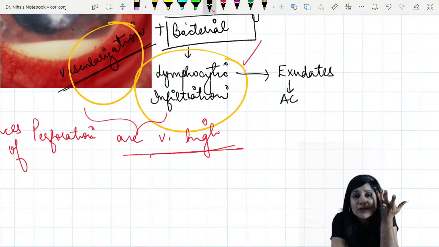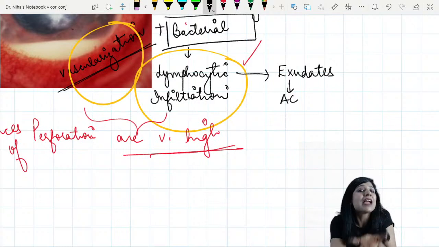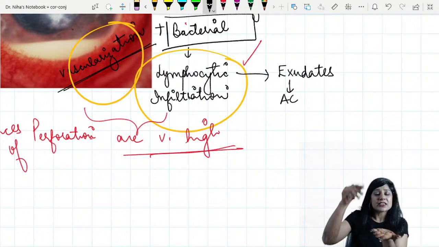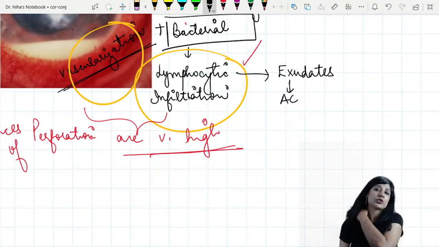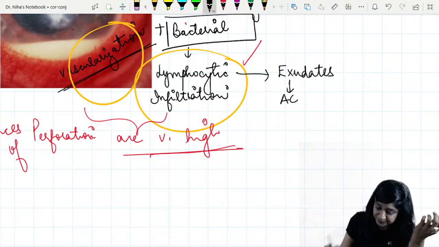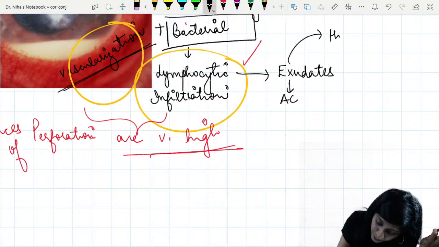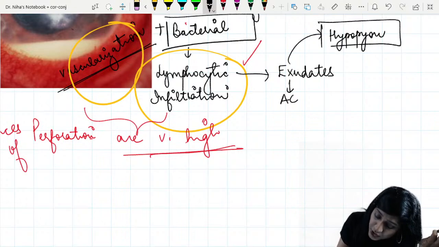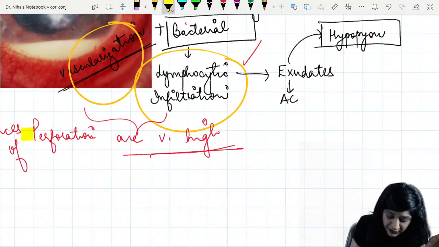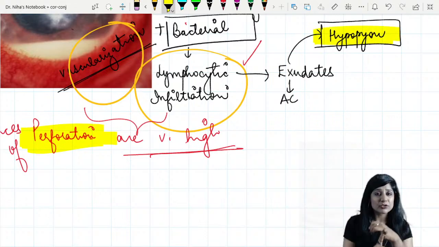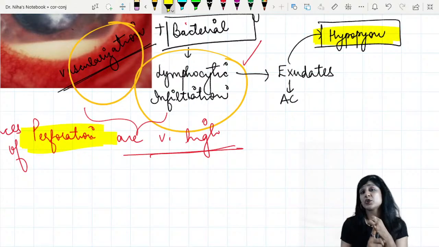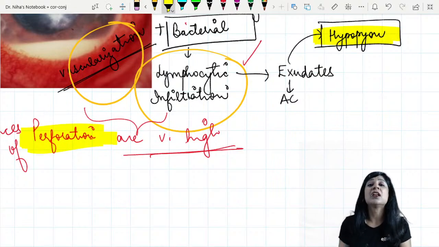So if I have lot of lymphocytes in the anterior chamber, these lymphocytes will settle at the bottom and aqueous humor will come up. These pus cells or the lymphocytes which are settling down will form the hypopyon. So this is how we are having the perforation, we are having hypopyon, we are having vascularization. These are the common words that you are going to get in cases of bacterial corneal ulcer.